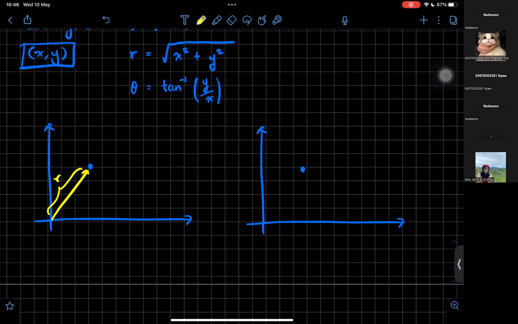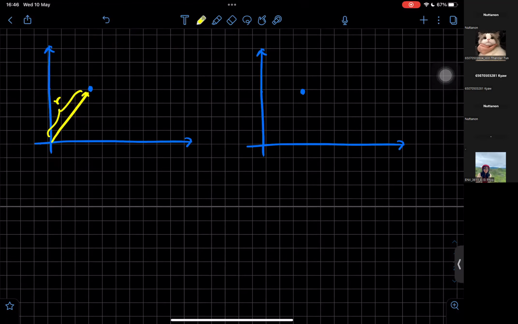Okay, and instead of going in this direction, right? I can go in this direction too, right? So this also can be my theta.